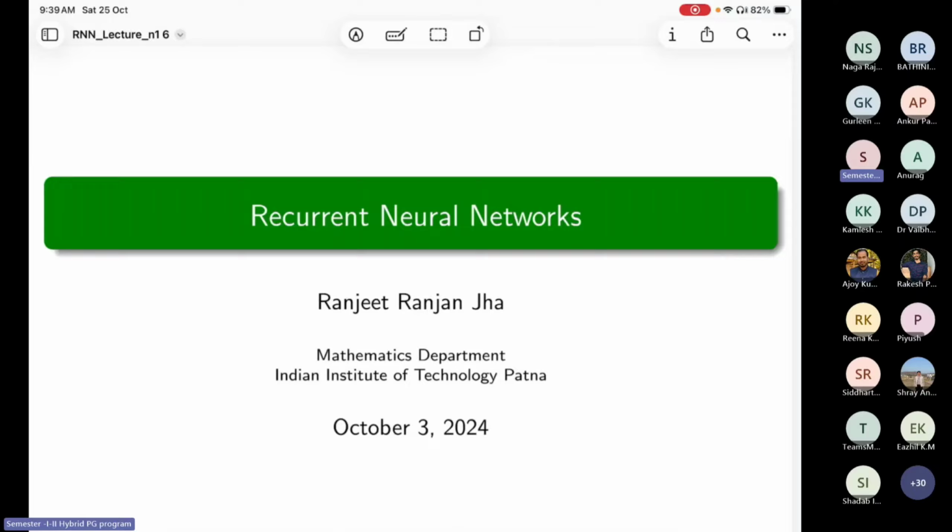Okay, so then what should we do? Suppose you have a text-based problem and you are going to solve sentiment analysis, sentiment classification. There, you are given a paragraph or sentences, and the goal of the model is to decide what the sentiment inside that paragraph is, whether it is positive, negative, or neutral.